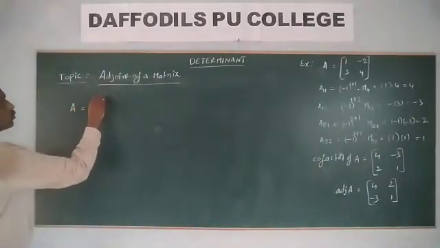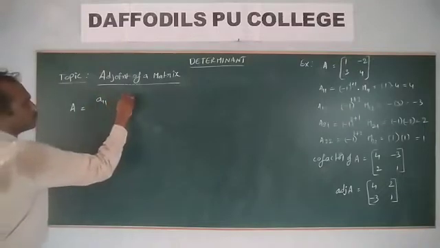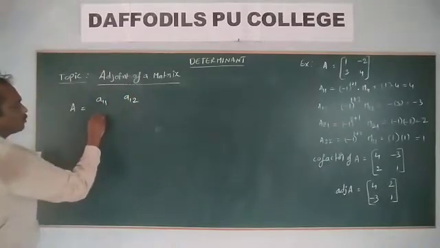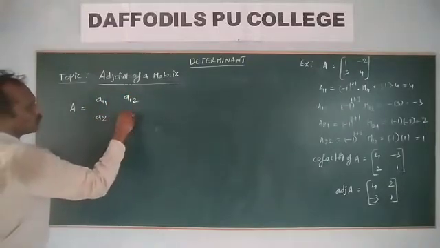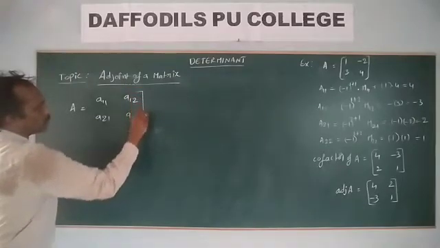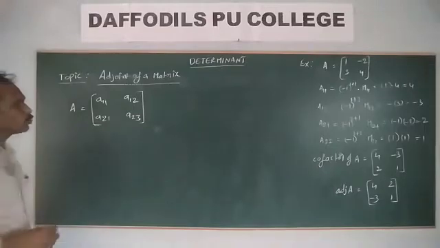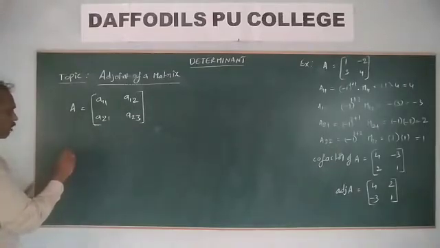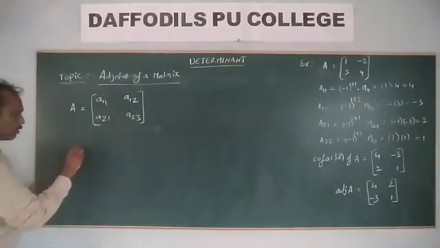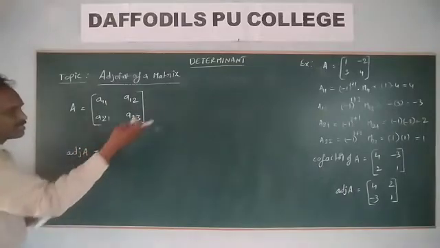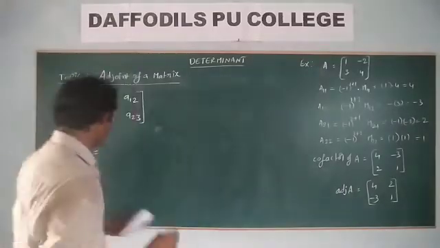A is equal to A11, A12, A21, A22. This is a given 2 by 2 matrix. We want adjoint A directly, without finding cofactors.